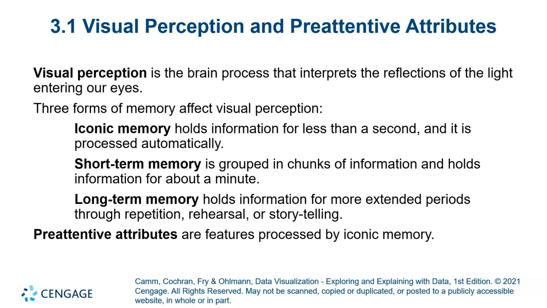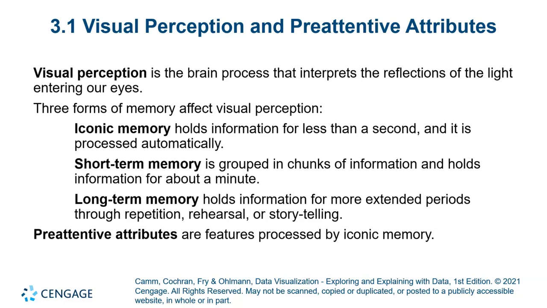And long term memory holds information for a more extended period, through repetition, rehearsal, and storytelling. So if you do repetition and rehearsal, you keep the information for a longer time, maybe for years, right? So iconic memory is for 1 second, short term memory is for 1 minute, and long term memory depends, from 1 hour to many years.